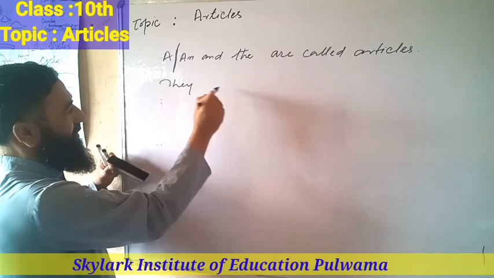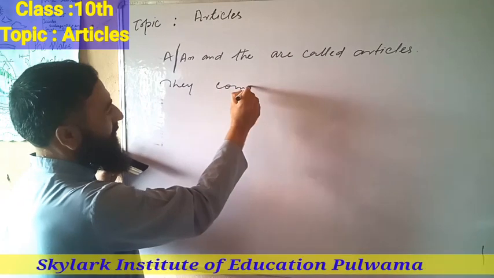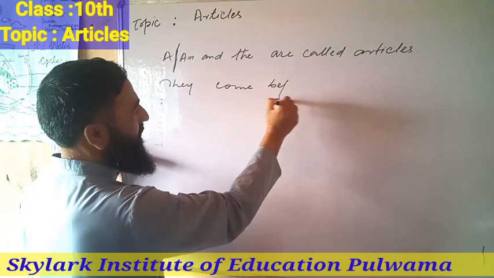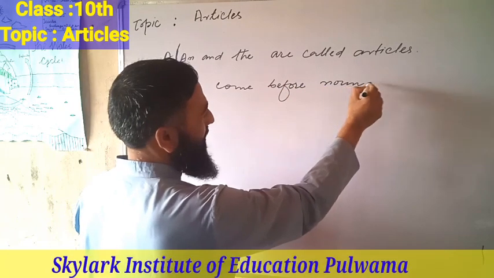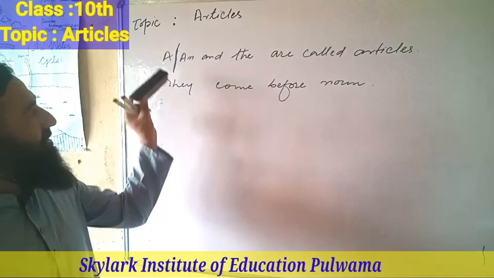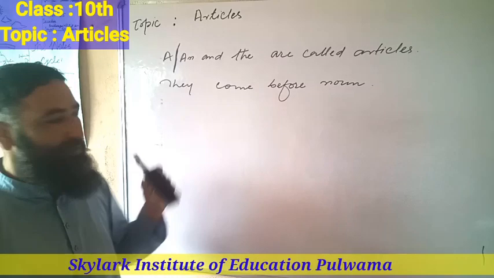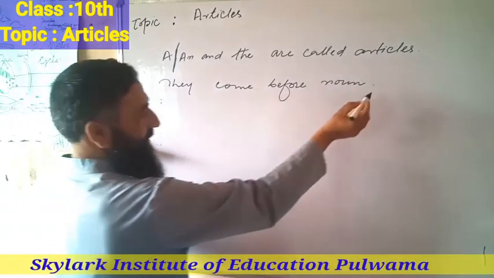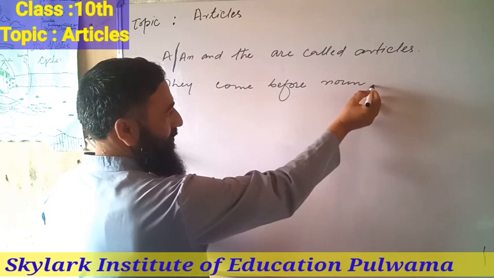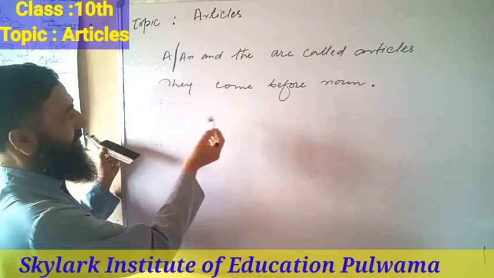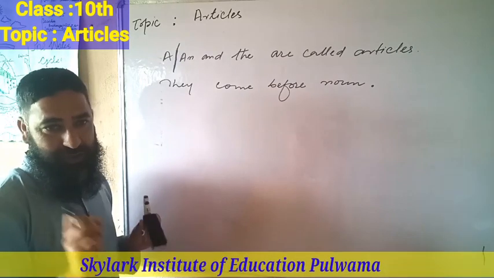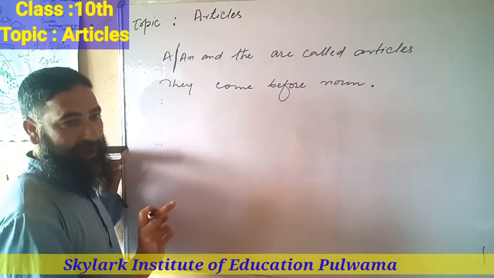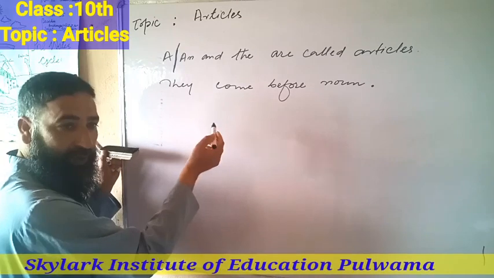They come before nouns. This is a very important point, that we use these articles before nouns. But a very unique fact, you will bear it in your minds: when a noun is preceded by an adjective, then the article will come before the adjective.